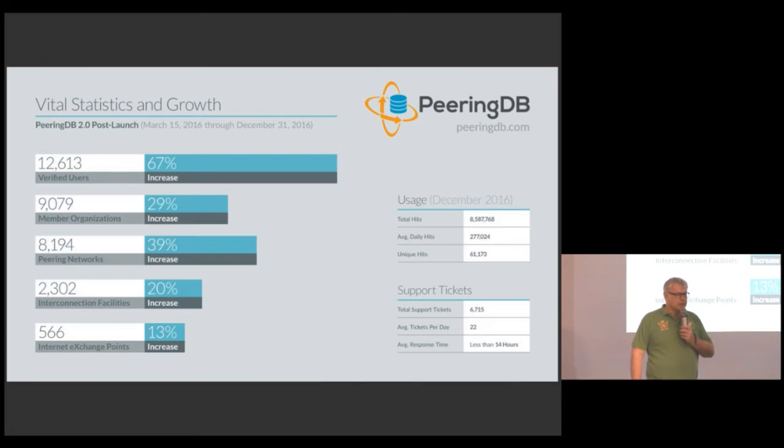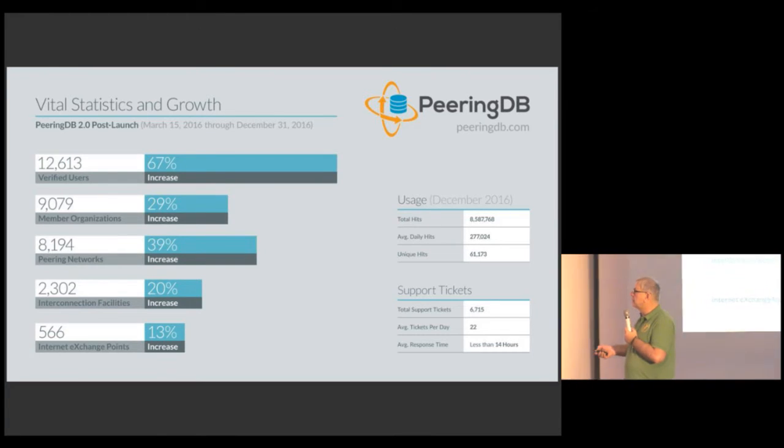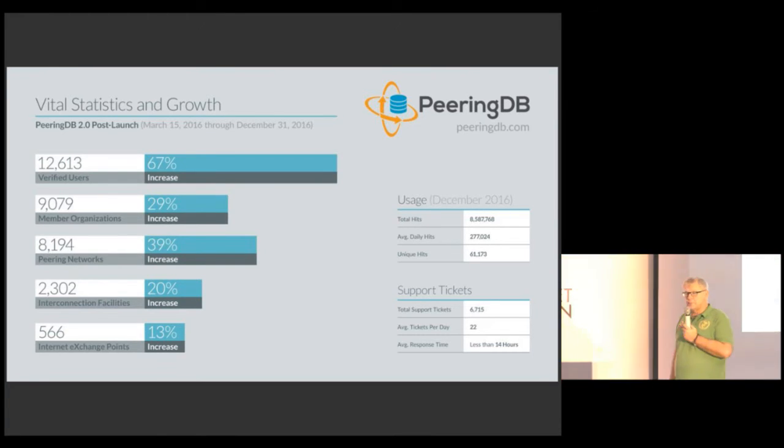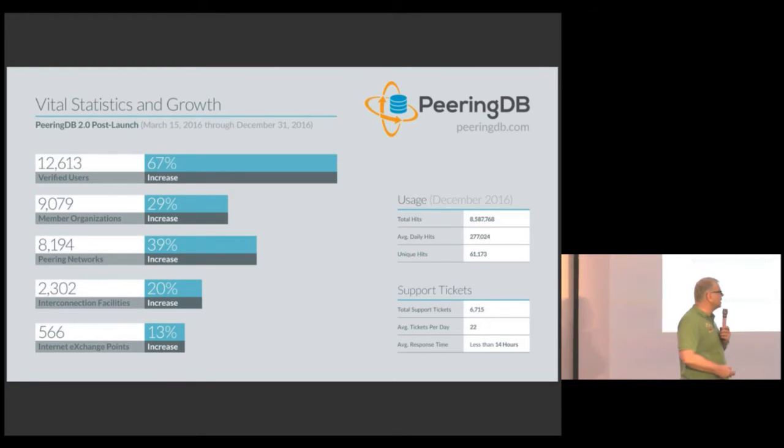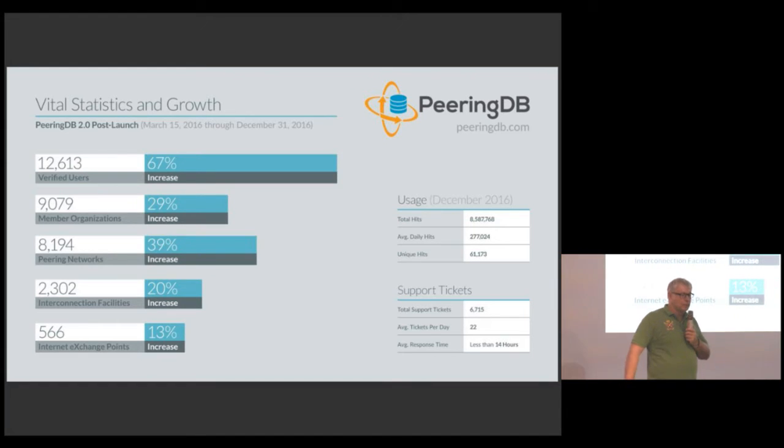This is really interesting. This gives you statistics on how PeeringDB 2.0 was accepted by the community. As you can see, we have an increase of 67% in registered verified users. This is all from 15 March to the end of last year. We have an increase of roughly 30% in member organizations.